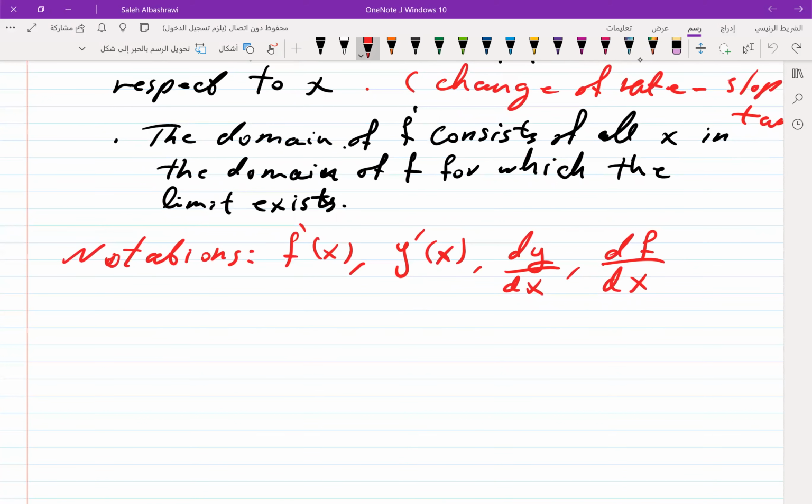Now, let's take this example. Find f prime. We find the derivative of the given function using the definition.